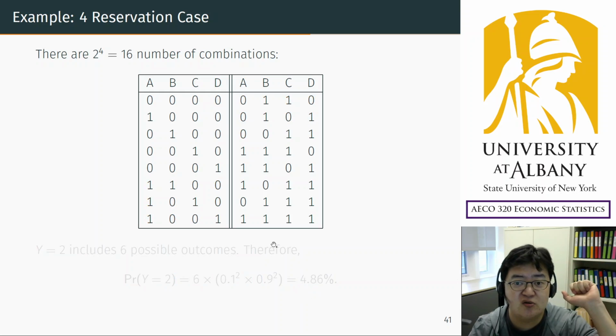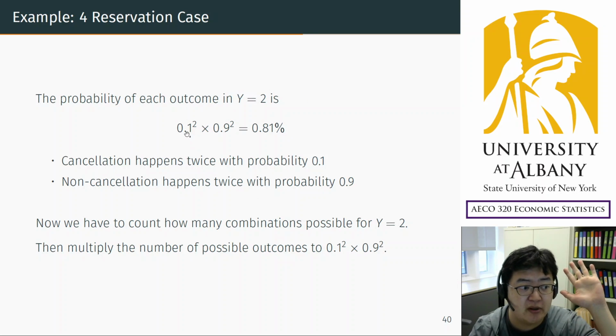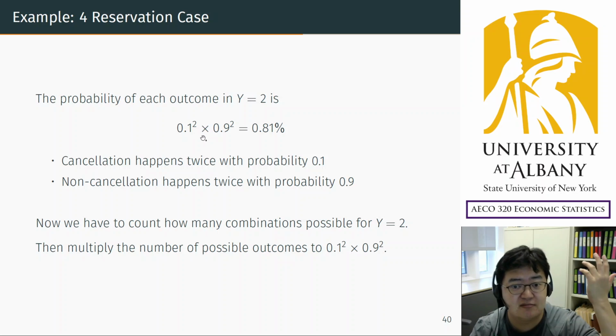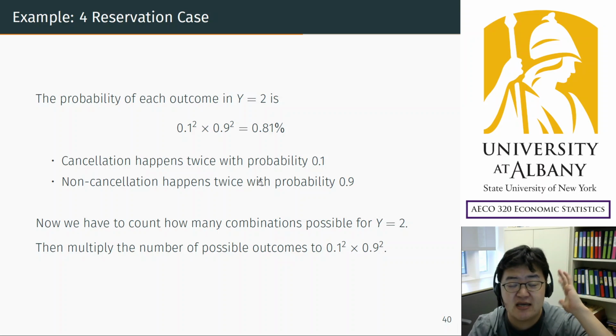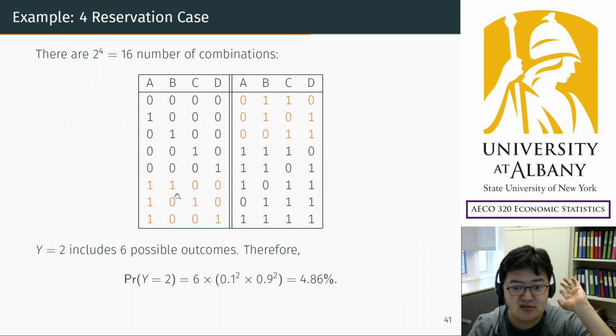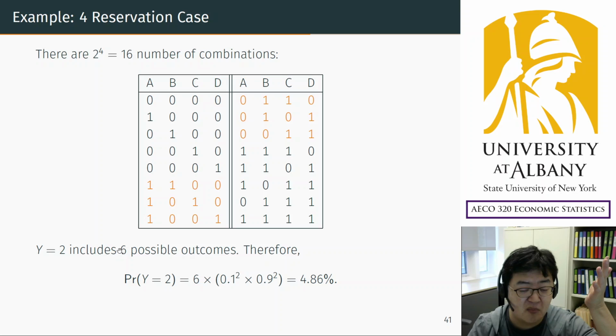What is surprising here is, I think the principle is pretty clear. You calculate the single outcome probability, which is not that difficult. And then what remains is just to multiply by the number of possible cases. But as you see, there are 6 cases. Where is the number 6 coming from?